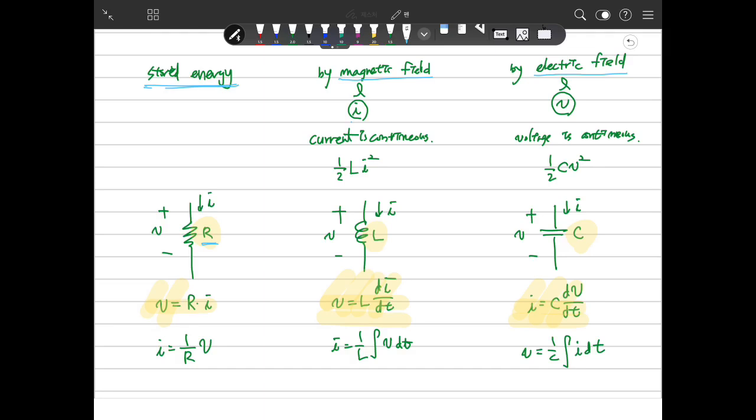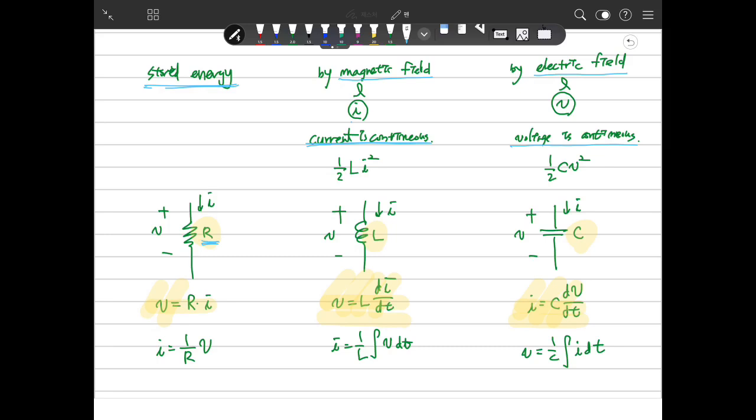Because energy is stored in the current, in the case of an inductor, current is continuous. That means current cannot change stepwise. But in the case of a capacitor, the voltage is continuous because voltage is the stored energy.